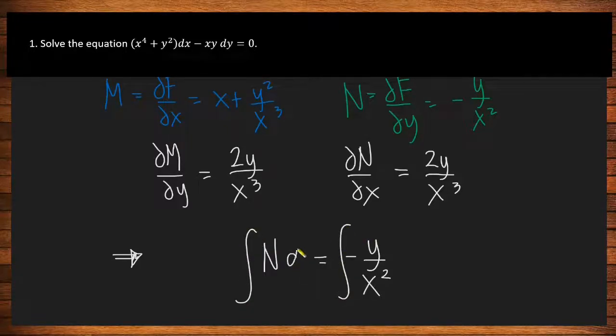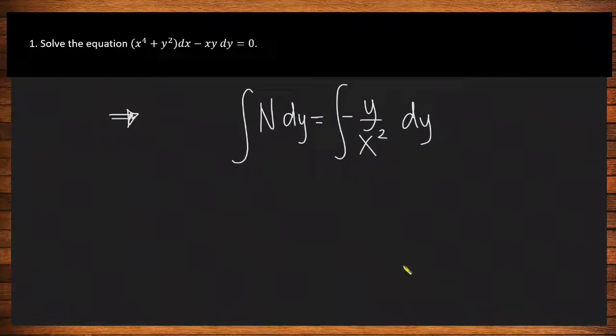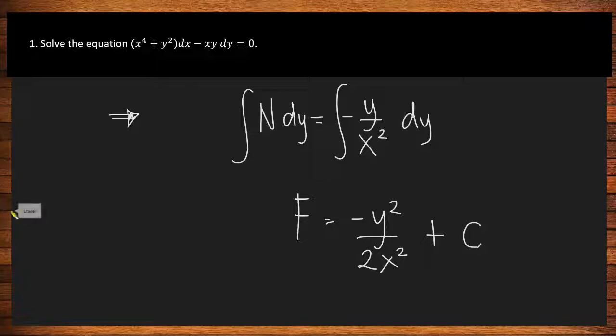Integrating both sides of our equation with respect to y, we will have f equal to negative y squared over 2x squared plus c. Again, with respect to y, therefore we treated x as our constant. So ibig sabihin, itong constant of integration c natin dito will be a function of x.